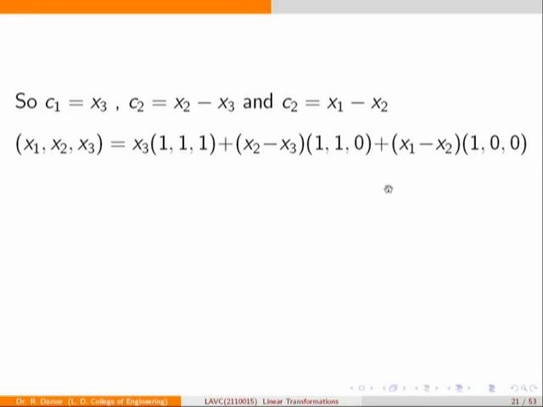Now how do you evaluate your transformation? Clear? Now you can expand your vector as a linear combination of the basis elements. So I can take the transformation on both sides.